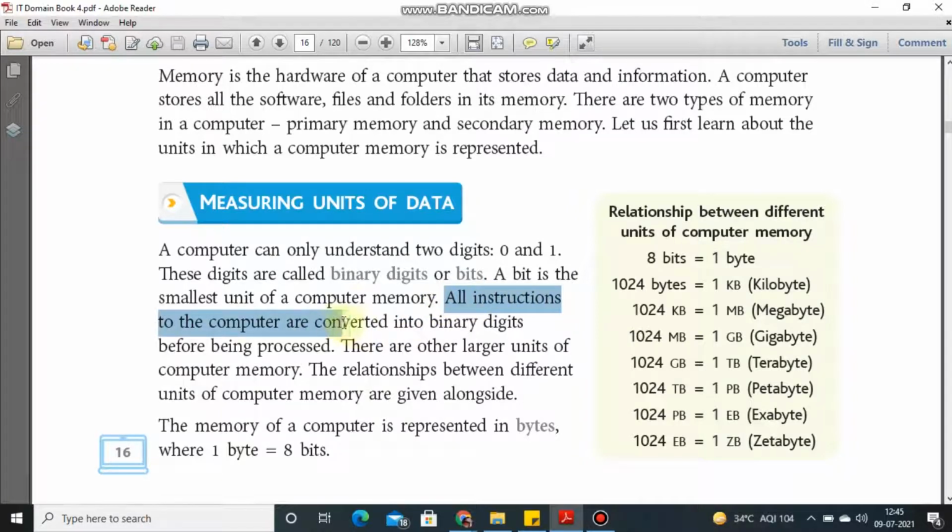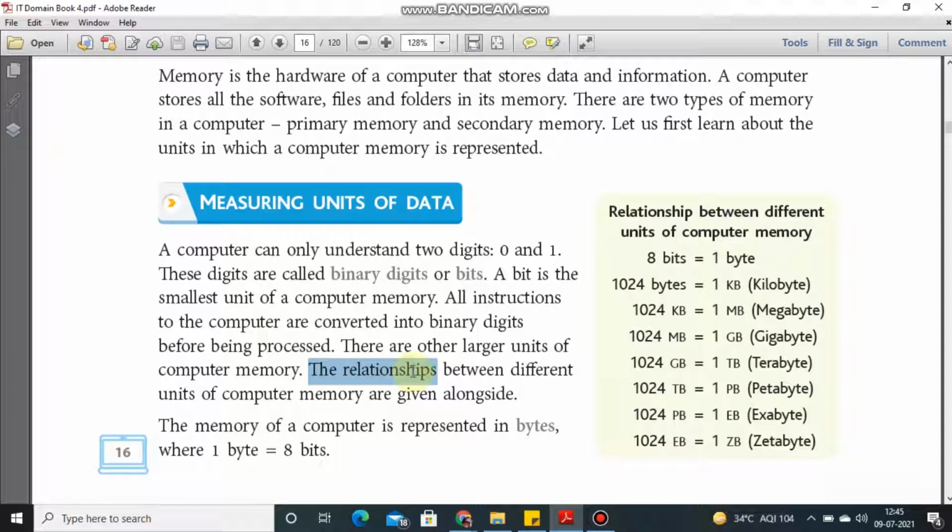All instructions to the computer are converted into binary digits before being processed. Whatever instruction, command, or data you provide to the computer is converted into binary digits before being processed. There are other larger units of computer memory.